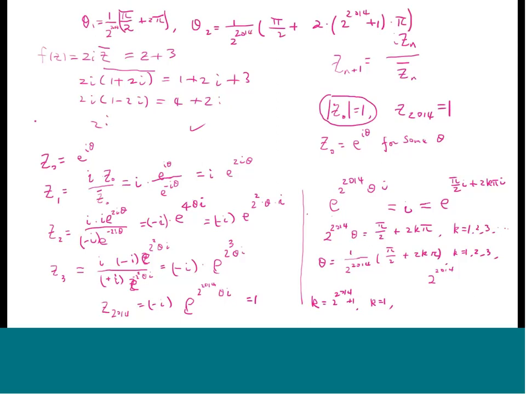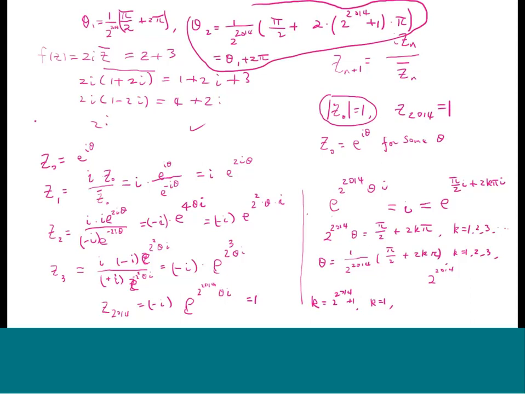So look, this theta 2 is going to equal theta 1 plus 2 pi. So the difference between theta 1 and theta 2.